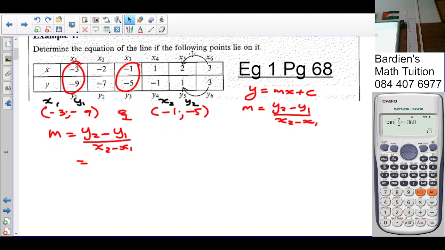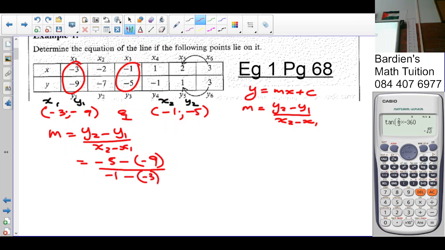So what's my y2 value? Negative 5 minus y1, which is negative 9, over negative 1 minus negative. Do you see that, people? Work that out quickly.